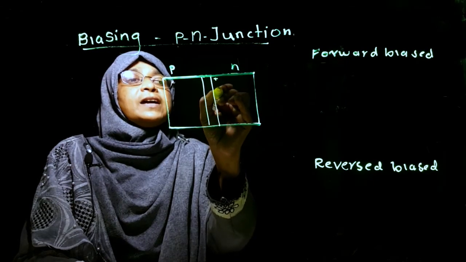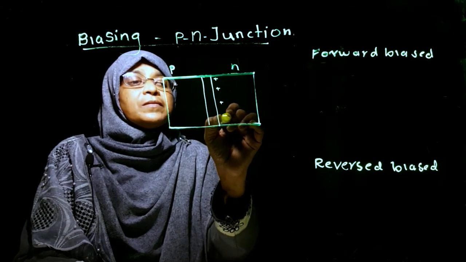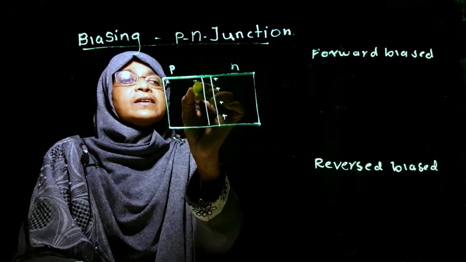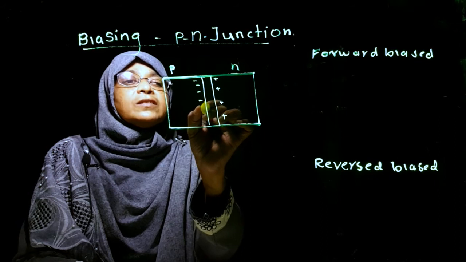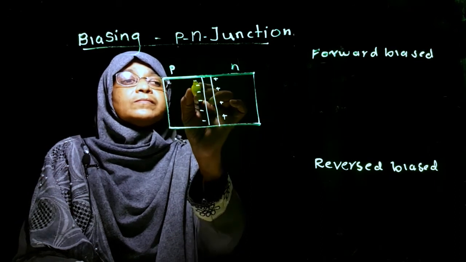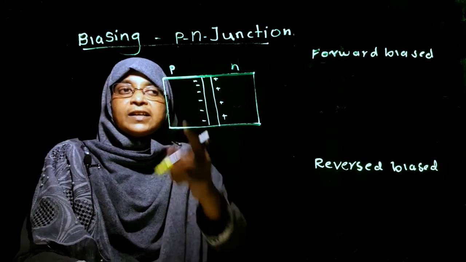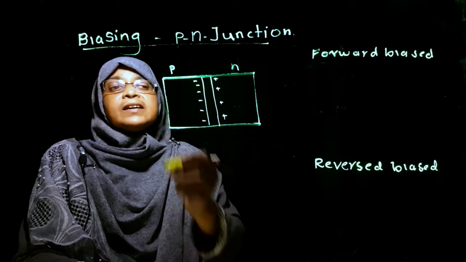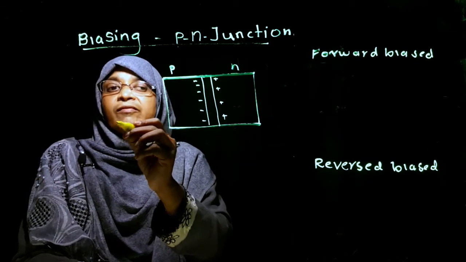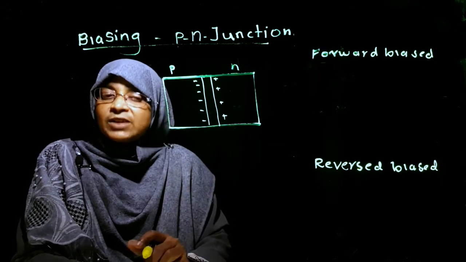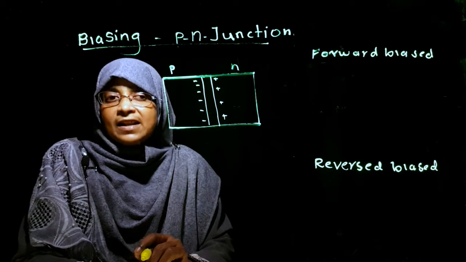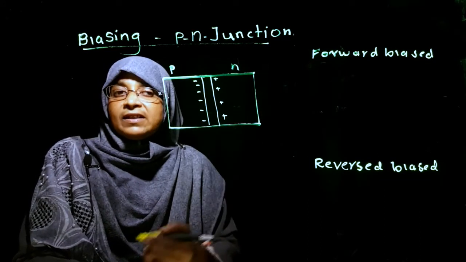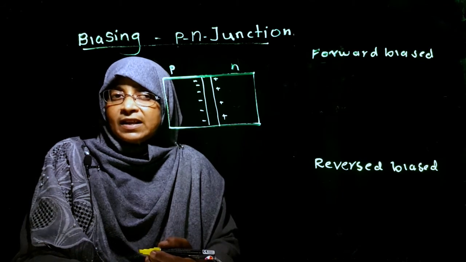In the n side there is a positive potential. In the p side there is a negative potential. Connect the p-n junction with the P side to the positive terminal of the cell and the N side to the negative terminal of the cell.